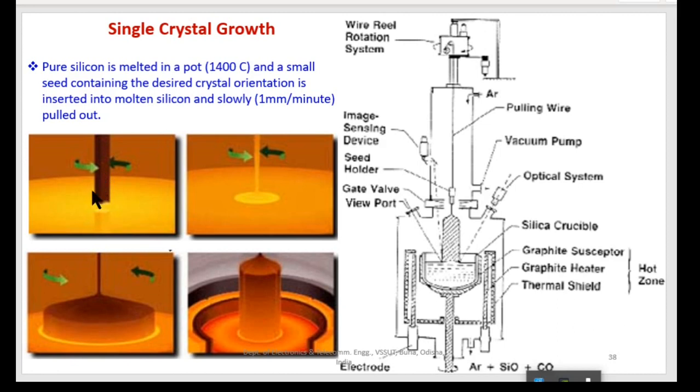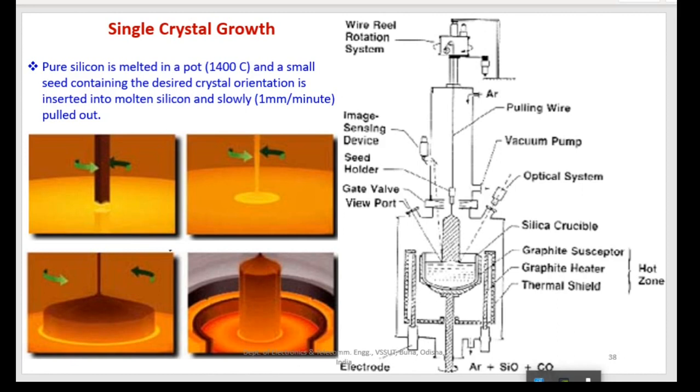When it is pulled out, the silicon crystal grows with the seed, and it comes out in this cylindrical form. So this is the final silicon cylinder that comes out with the seed.